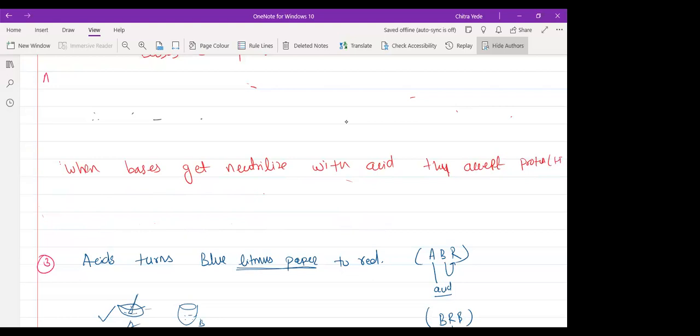Proton means H positive ion, beta. Hence bases are called proton acceptors.